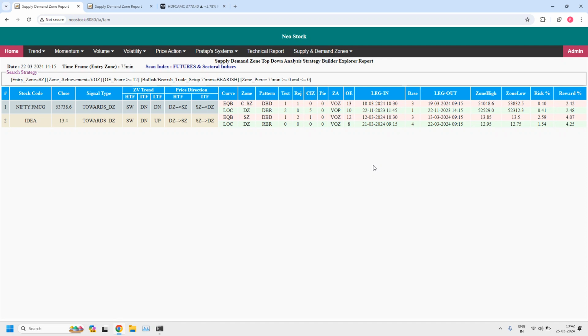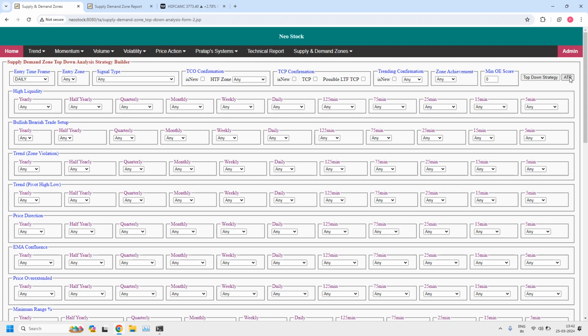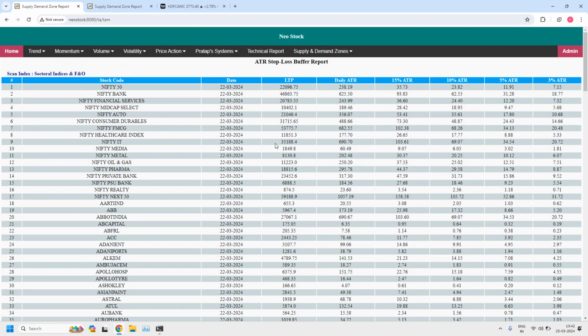Now before closing, I will generate the stop buffers for your reference purpose. Based on the ATR, we are calculating the stop buffers. For WIT trades, you have to use 10% of the ATR. And I will keep on scrolling this list down. I will be giving you only few seconds time. In case if any of these values you want to read or you want to note down, just pause the video.